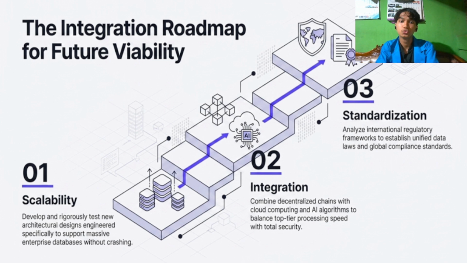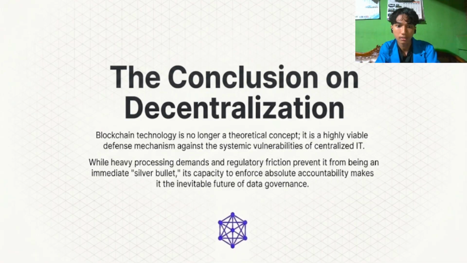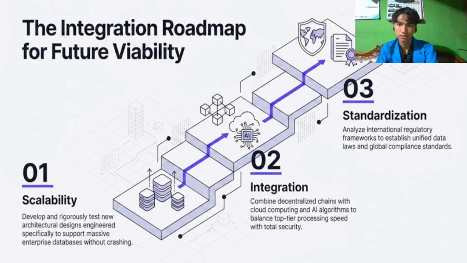Then we move up to step 2, integrations. Combine decentralized chains with cloud computing and AI algorithms to balance top-tier processing speed with total security. And finally, step 3, standardizations. Analyze international regulatory frameworks to establish unified data laws and global compliance standards. By climbing these three steps, blockchain can become globally viable.